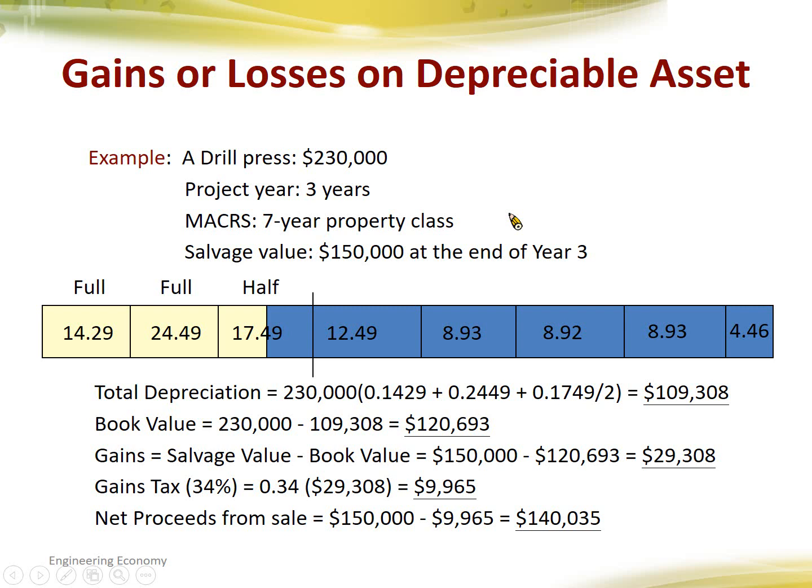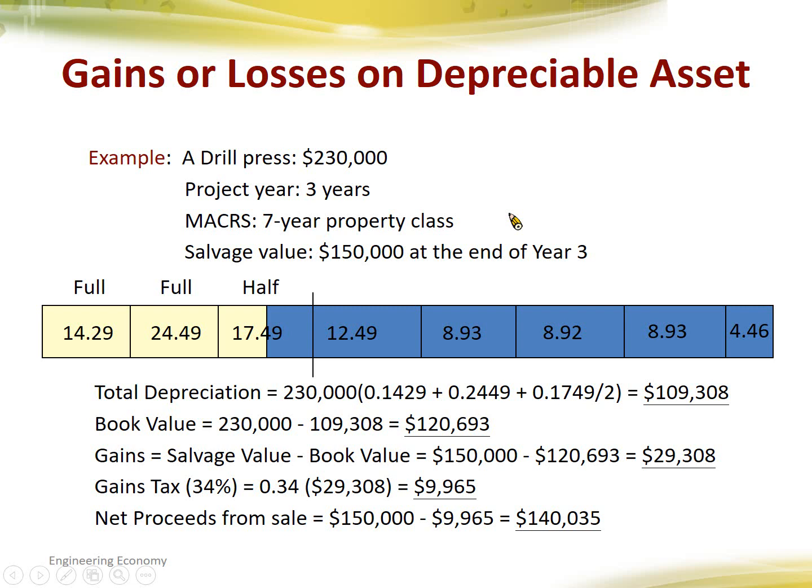So 230 multiplied by the addition of half of this, adding to this, comes out to this. So this is the book value at the time, and the salvage value is 150. So 150,000 is more than book value 120,693. So around 29,000 needs to pay tax.